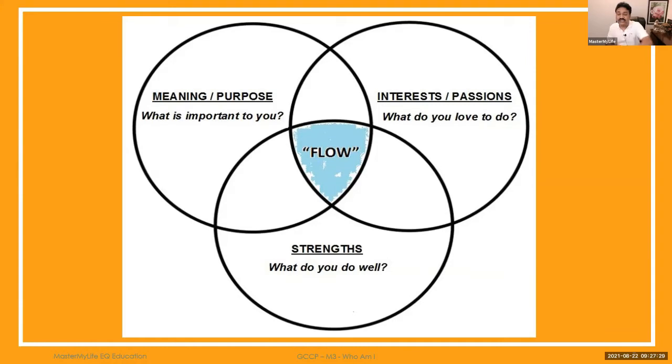So once you understand these 3 points, any work which is aligned with your purpose, aligned with your interest and passion, and aligned with your strengths, generates the flow in you. And when you are in a flow, your efficiency, your effectiveness, your concentration and focus enhance like anything. Your output multiplies many times when you are in flow.